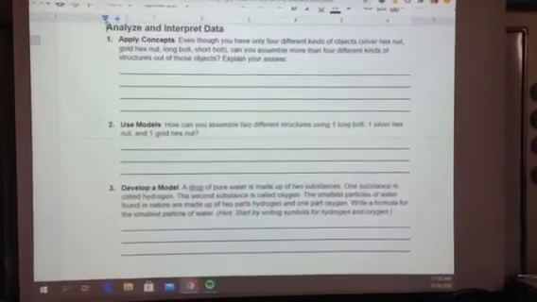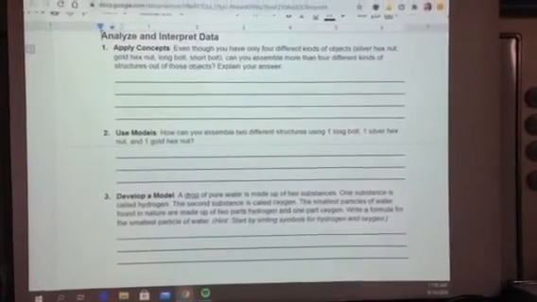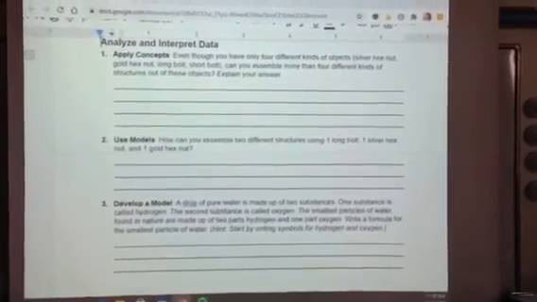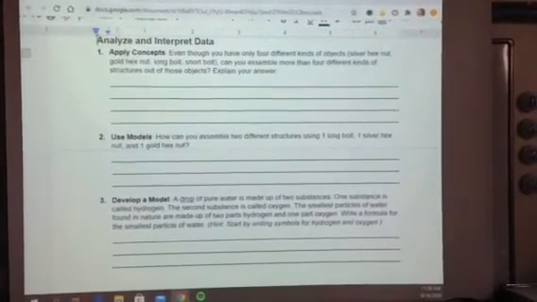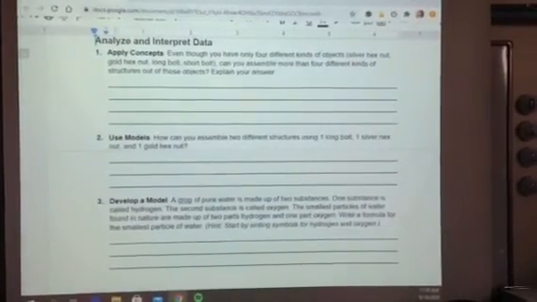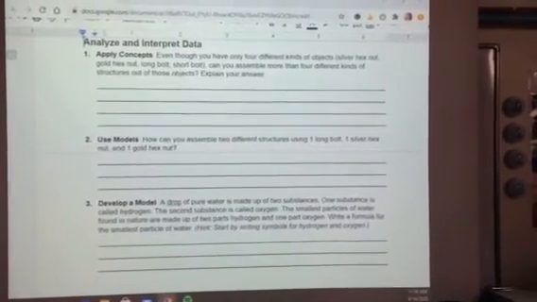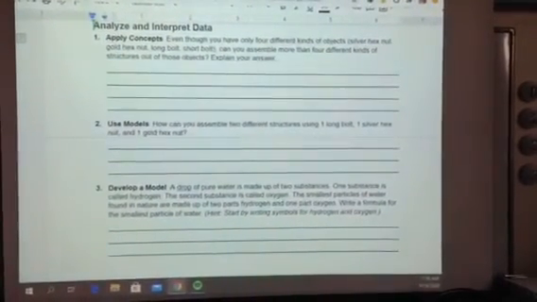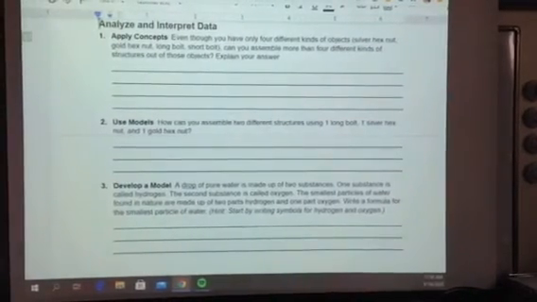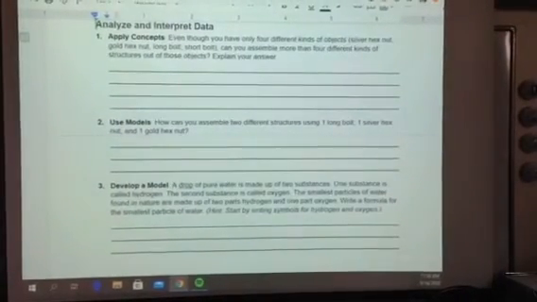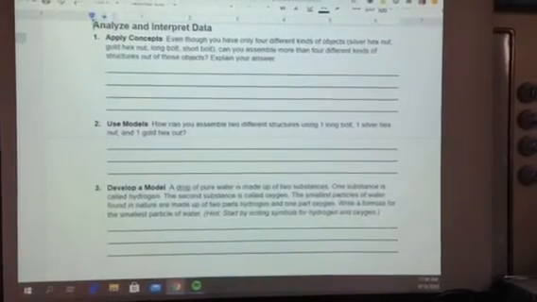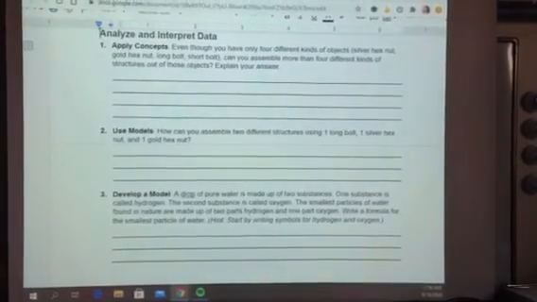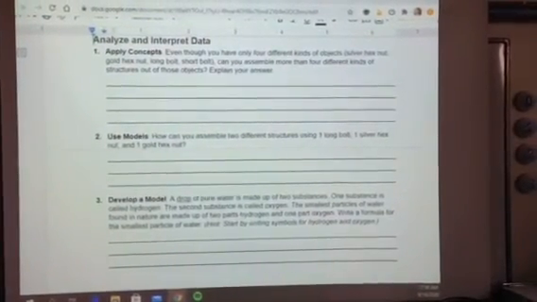Now, we, again, know that you don't have these things in front of you, and some of us are visual learners. So, what I would suggest is taking a scratch piece of paper and drawing this out. Draw what it would look like before trying to explain it. Once you have it drawn out, or if you can do it without drawing it, write on number 2 how you would assemble these things. If you want, it would also be awesome if you could provide the formula for what those things would be.